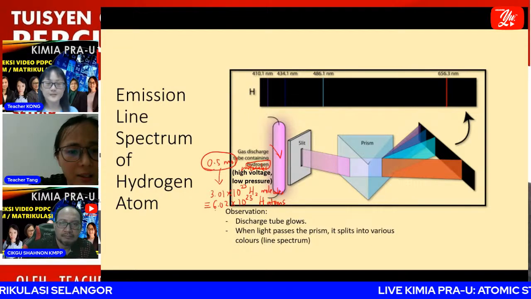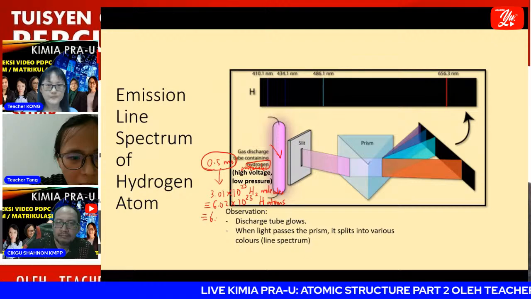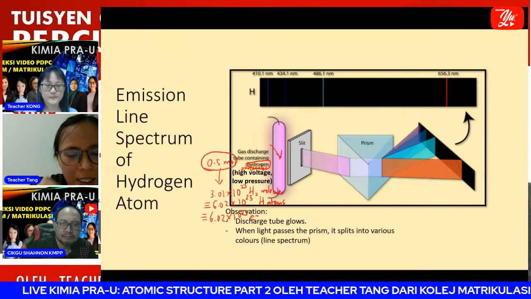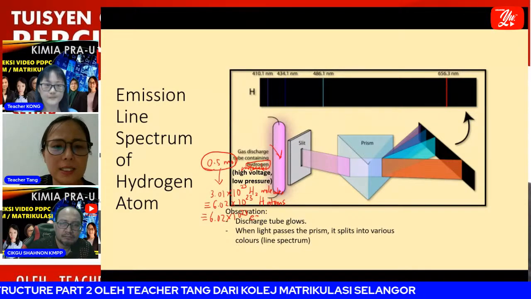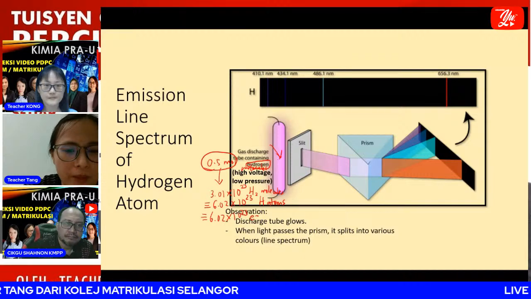That is also equivalent to 6.02 times 10 to the power of 23 electrons inside.